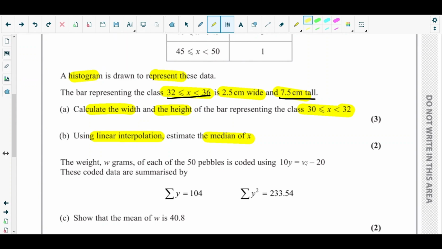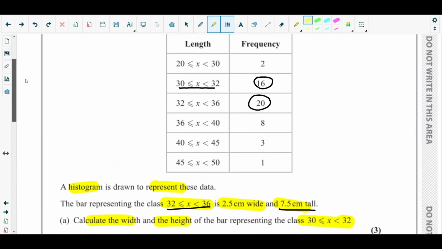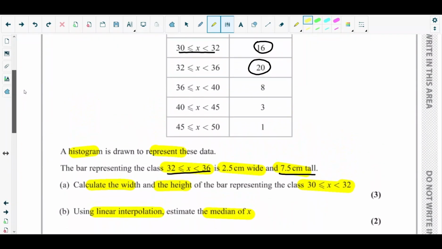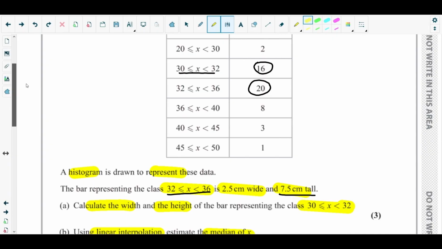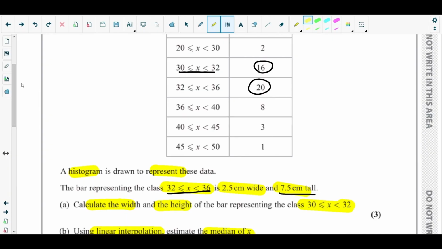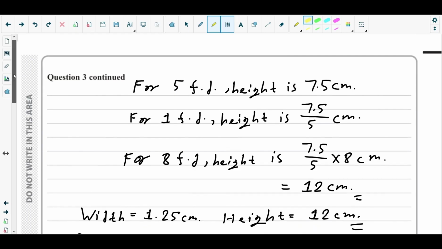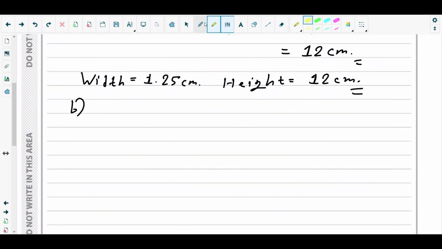Most students feel it is very difficult to remember the formula for linear interpolation, right? So let me show you a much easier way to do that process. We need to find out the median, so first let me write a very simple formula. Using that formula you can easily find out the median.